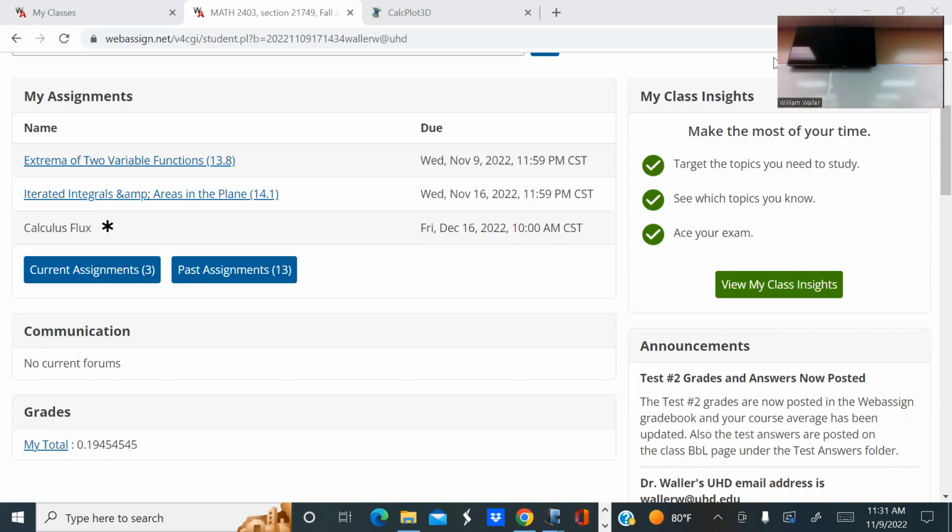As you can see from the announcement there, I had already posted the test grades. This was on Saturday, I think. Posted the test grades and also posted the test answers on Blackboard.